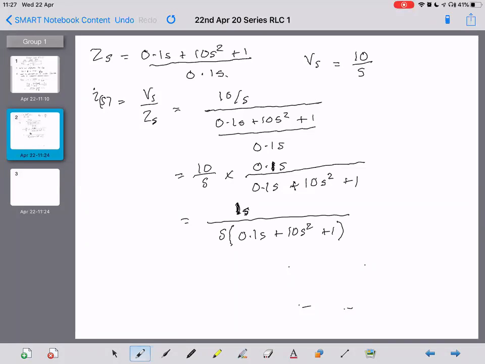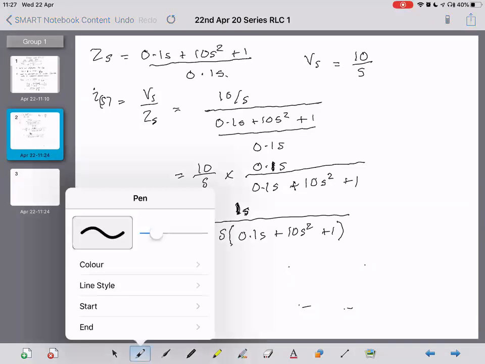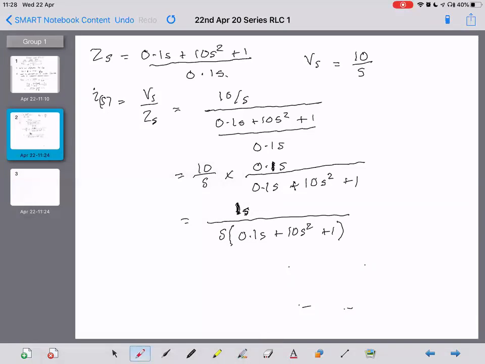What we can do now, let's change colour, is we've got an S here and here that cancel out. Therefore, I(s) is equal to 1 over 0.1S plus 10S squared plus 1.